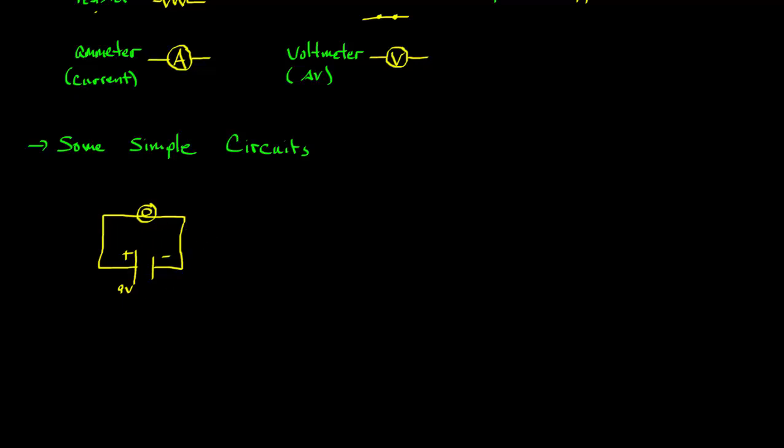Which way does the current flow? We would say that I goes this way. That's your current, it moves around like this and then comes back around. Which way do the electrons flow? Well, electrons go this way. All right, we could have more complex circuits.